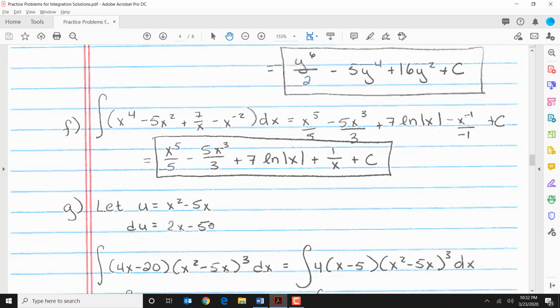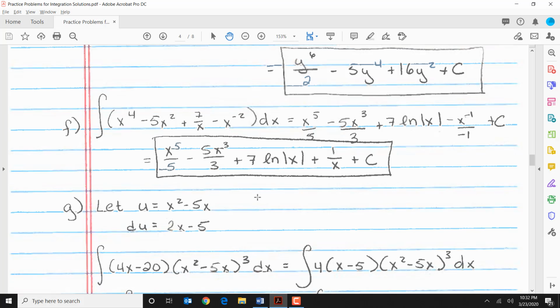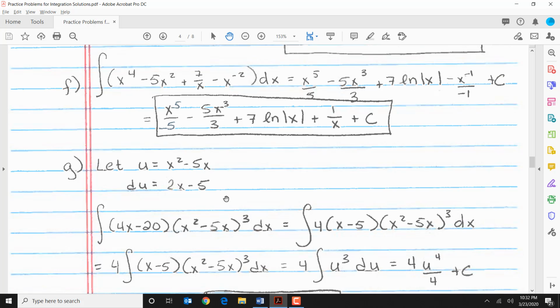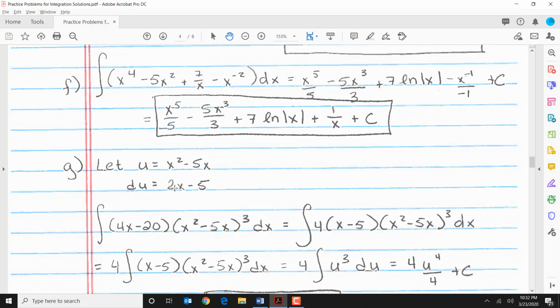Now notice that the 2x minus 5 dx doesn't match the 4x minus 20 dx. It's off by a factor of 4. That's a mistake. Well, I made a typo, as I can see now that I'm going through this.